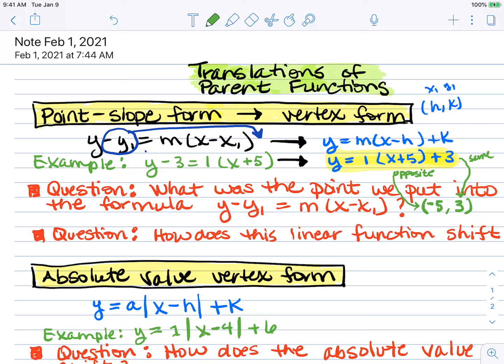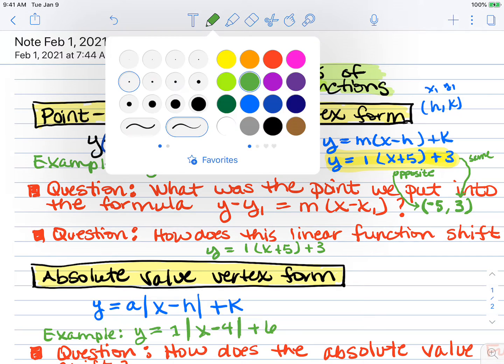So when I have it in vertex form, whatever's inside the parentheses has the opposite sign of the point that I would have put in, and the 3, when I've moved it to the other side, has the same sign as in the point. Okay, so what this is telling me is that if I have this equation, y equals 1 times x plus 5 plus 3, it's shifting in a specific way.